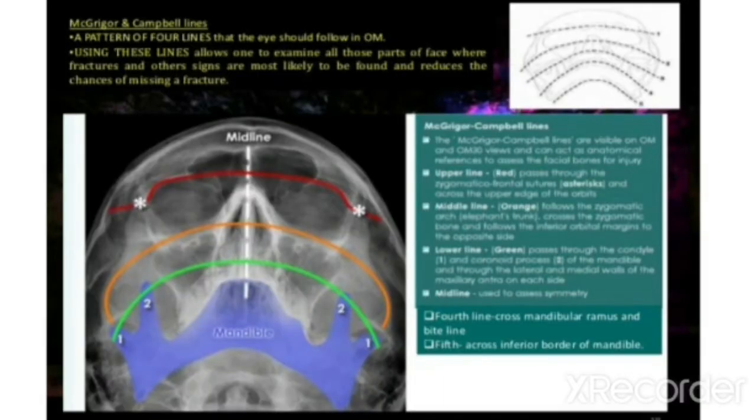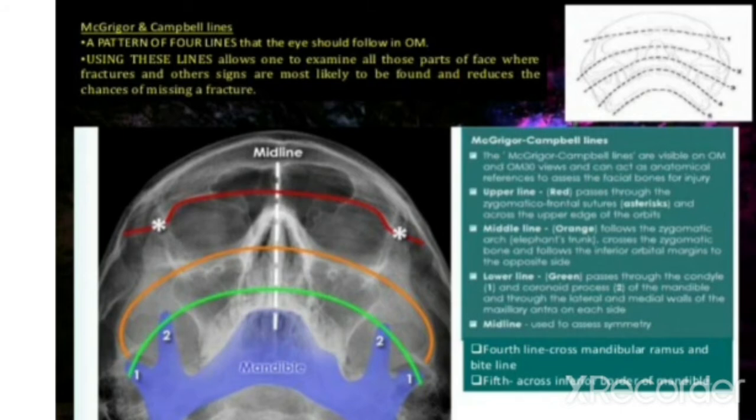You can see this projection showing the McGregor and Campbell lines, a pattern of 4 lines. Campbell lines is a pattern of 4 lines that the eye should follow in OM.